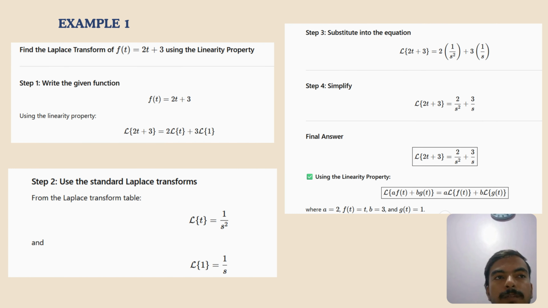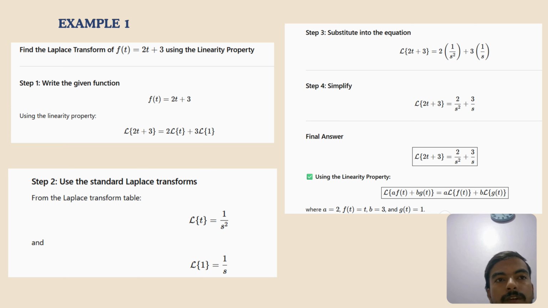After that, I want to explain about linear property from Laplace. First of all, I want to explain about the linear property Laplace question. As the question given, f(t) equals 2t plus 3, using the linear property that was explained in the slide before. For the first step, we must write the function.